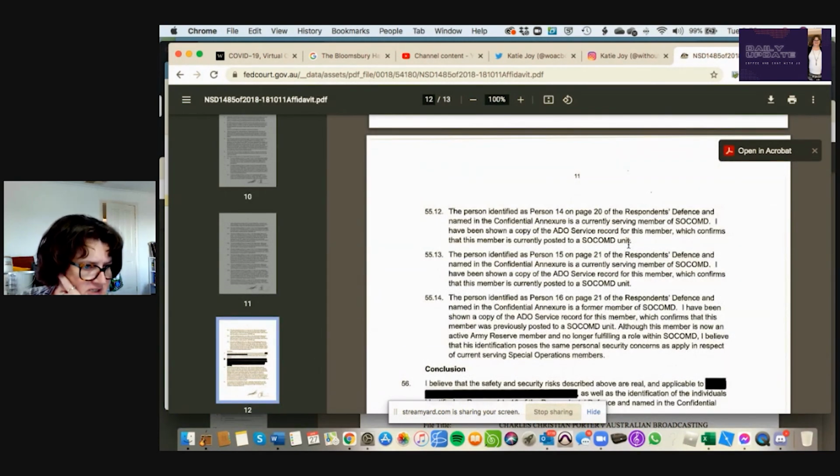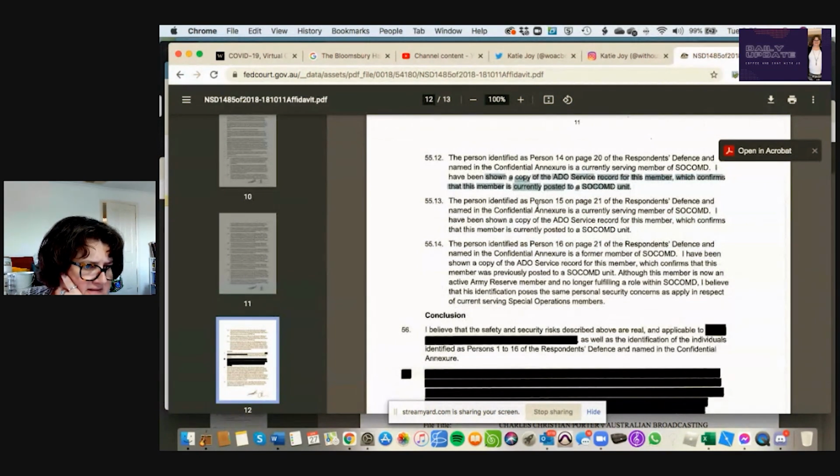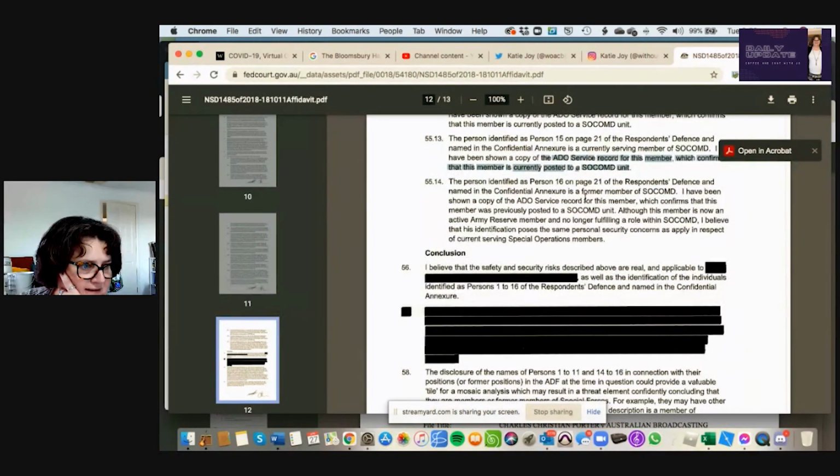Person 14 on page 20 is currently serving. Person 15 is currently serving as a member of the SOCOMD, as shown by the service record. Person 16 is a former member of the SOCOMD.